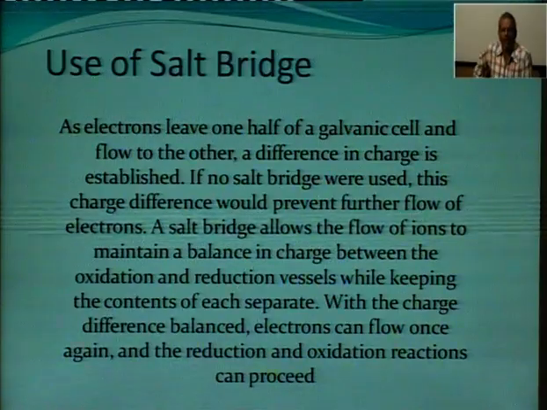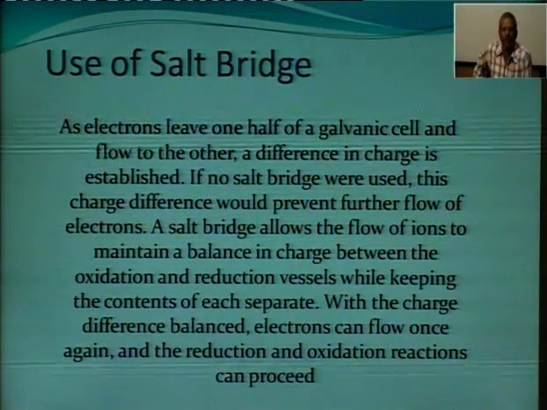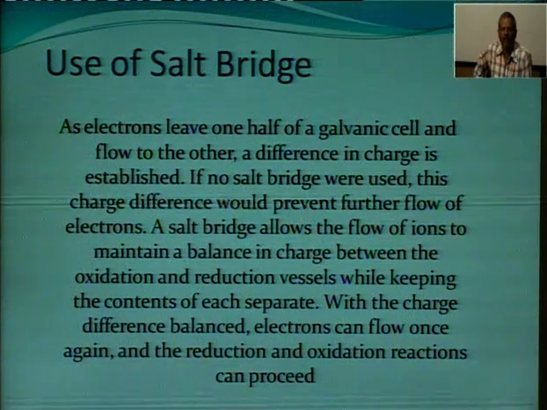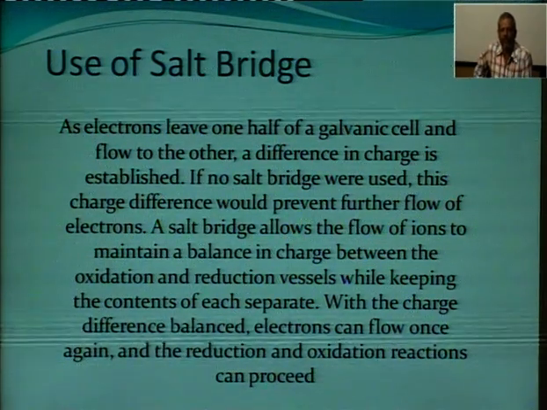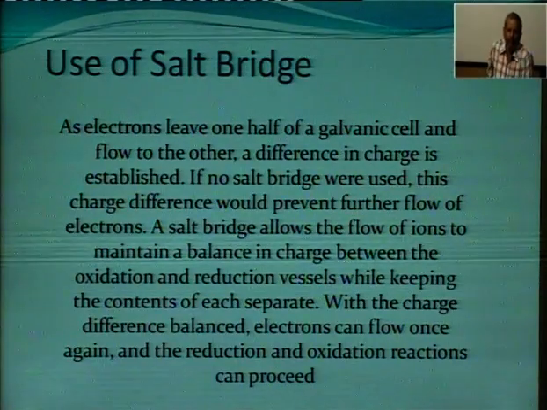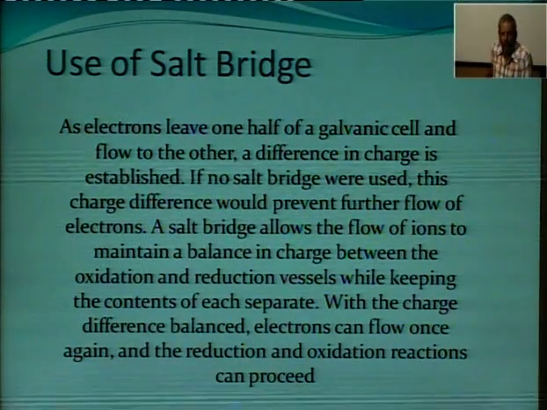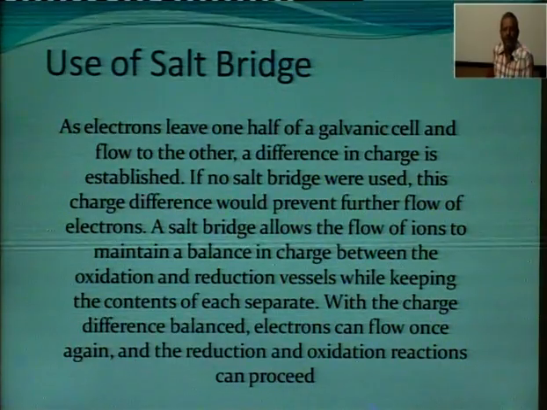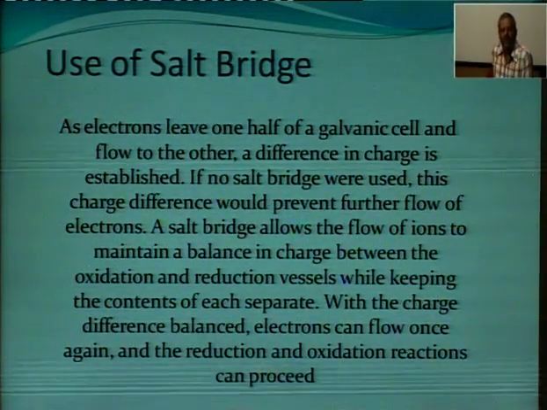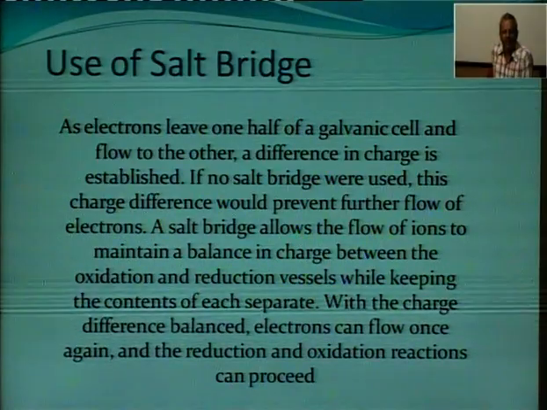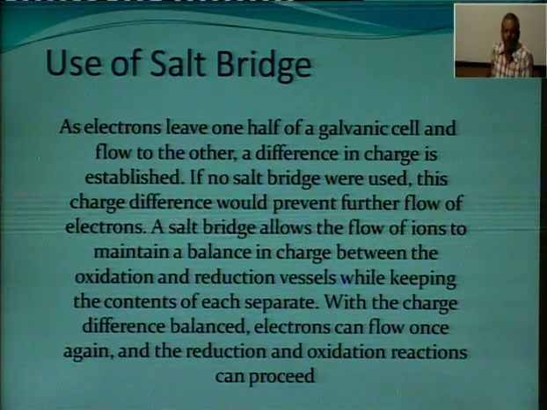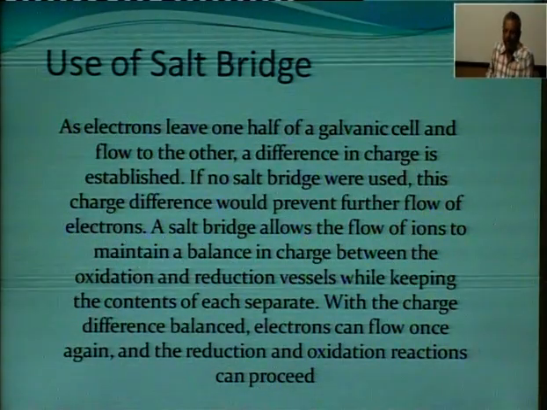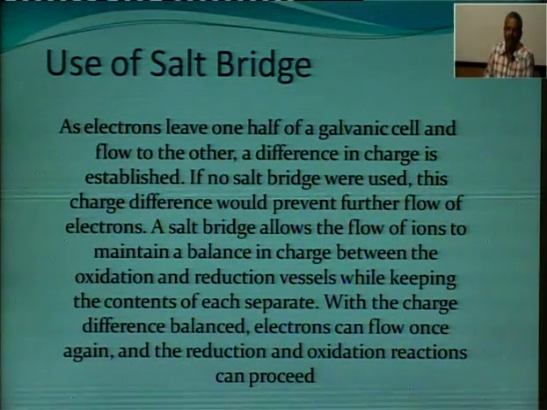A salt bridge allows the flow of ions to maintain a balance in charge between the oxidation and reduction vessels while keeping the contents of two half cells separate. With the charge difference balanced, electrons can flow once again and the reduction and oxidation reactions can proceed.